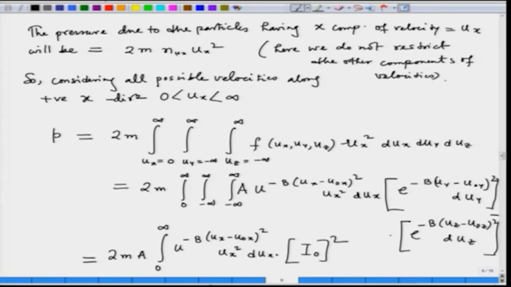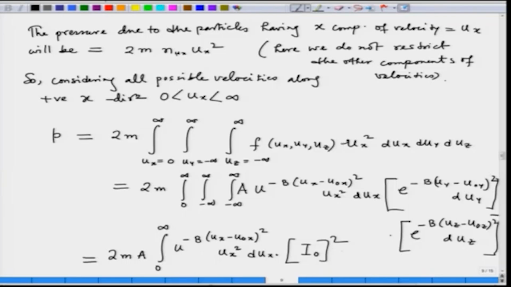And what are those integrations? They are the integrations over uy and uz. They are the same thing and they look like the integration from minus infinity to infinity of e to the power minus b uy minus u0y whole square duy, and also the same thing for uz.